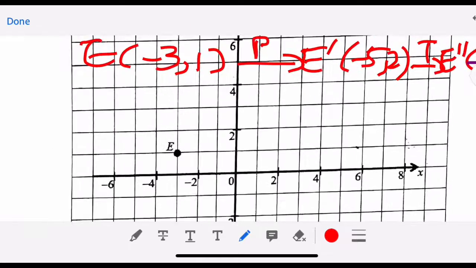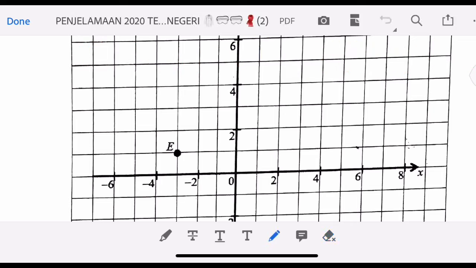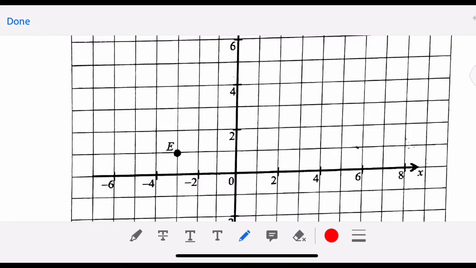Be careful. You must make sure you write the center correctly, so that you won't have to redo it again if your center is wrong. So 1, 2, 3, 4. Okay, very sure center is 0, 4.